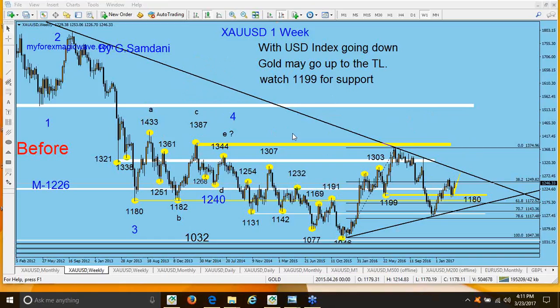For example, Euro USD, Pound USD, Aussie USD, Kiwi USD have USD on the right-hand side, and 3 pairs, USD Franc, USD CAD, and USD Yen, have USD on the left-hand side. So if these 4 go up, those 3 will go down. That's how it is. Opposite.